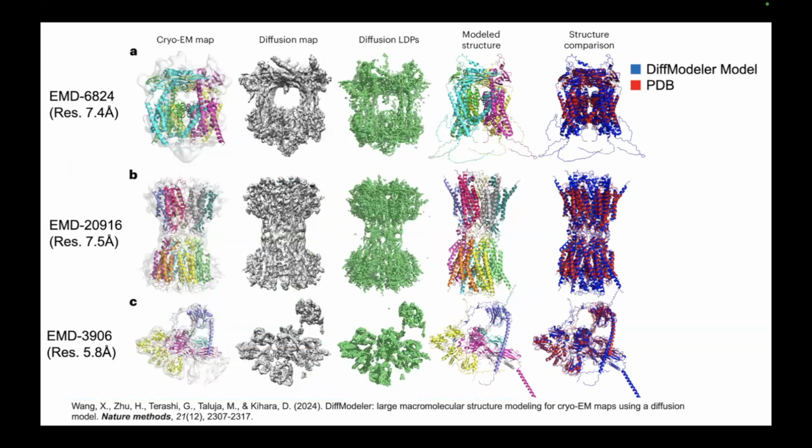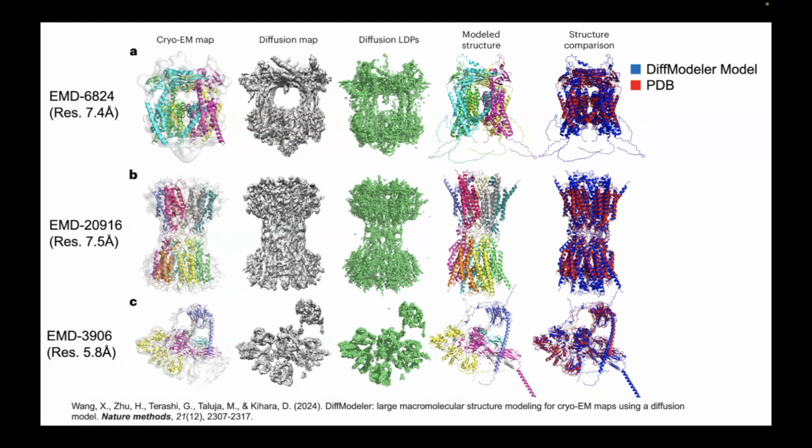These are examples. We benchmarked a lot of different targets, and this is a typical example of our results. We tried 7.4 angstrom, 7.5, and 5.8 angstrom resolution maps. In general, in this density map, backbone positions are really difficult to find.